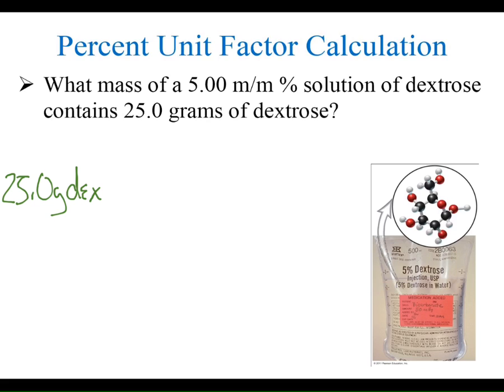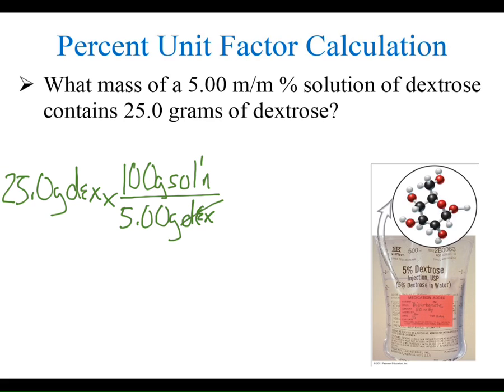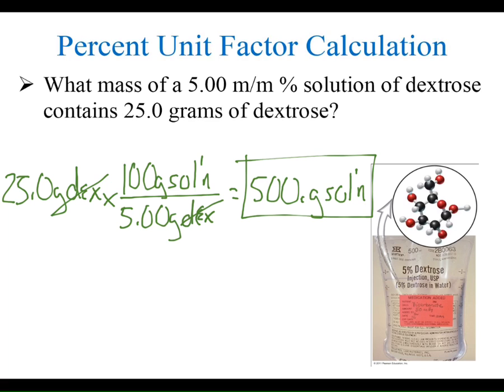So what do I put on the top? What do I put on the bottom? Dextrose on the bottom: 5.00 grams of dextrose per 100 grams of solution. So there you go. I'm going to get 500 grams of solution. So if your patient needs 25 grams of dextrose, you have to give them 500 grams of that solution, if it's by mass.